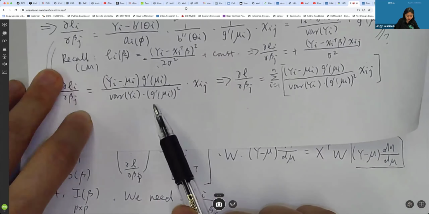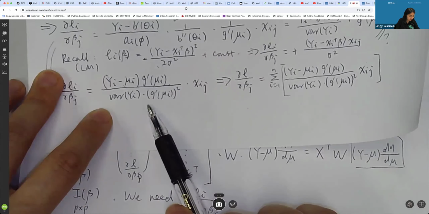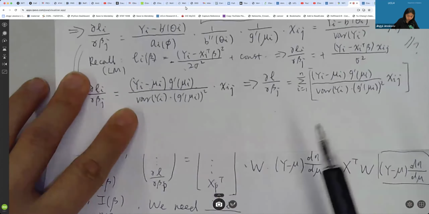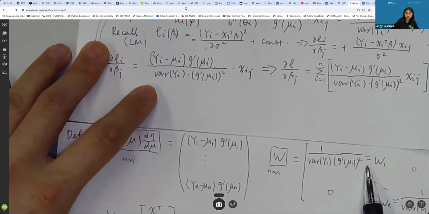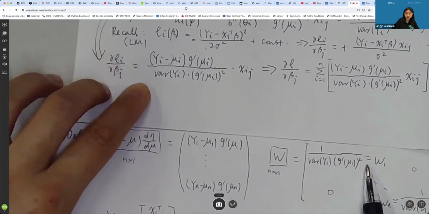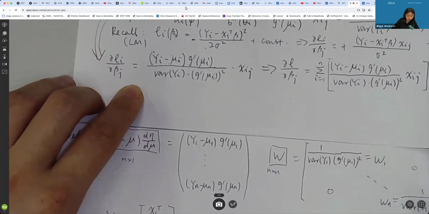We have introduced the convenient notation of Wi, and we want to use that in our formula to simplify notation.